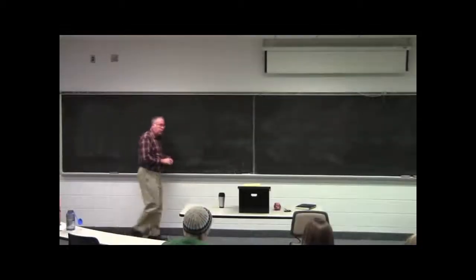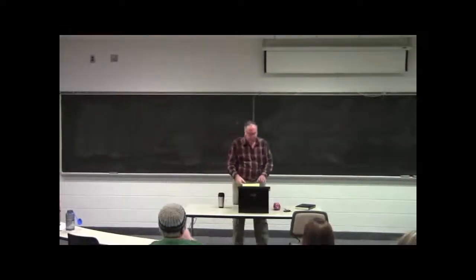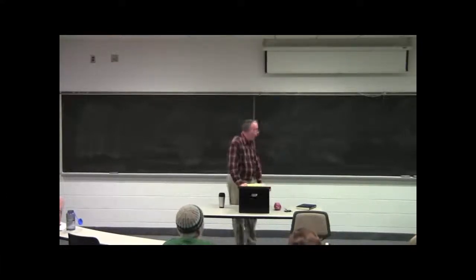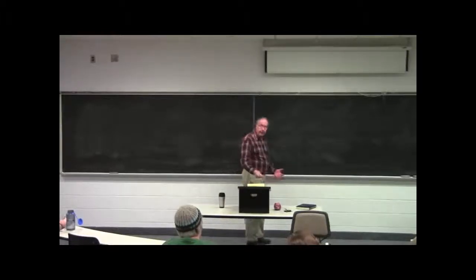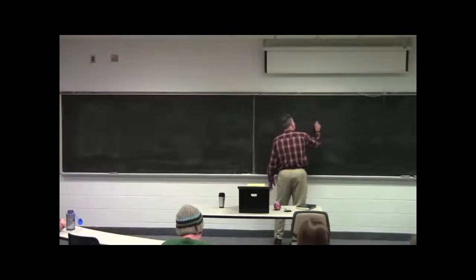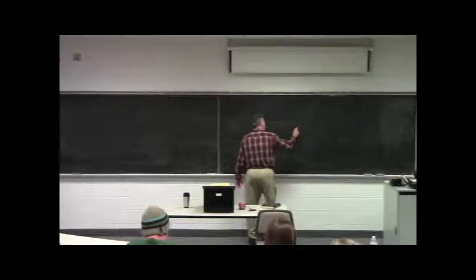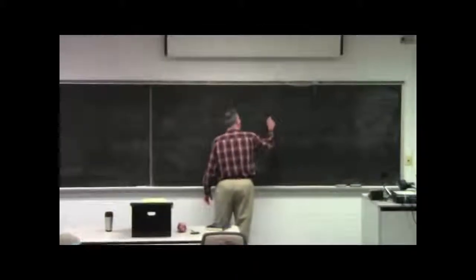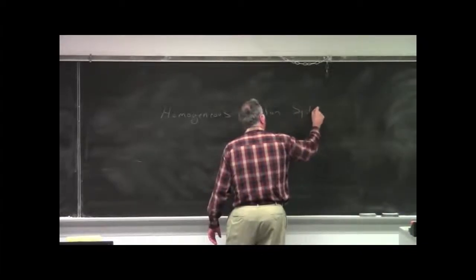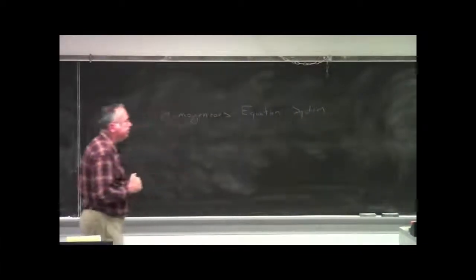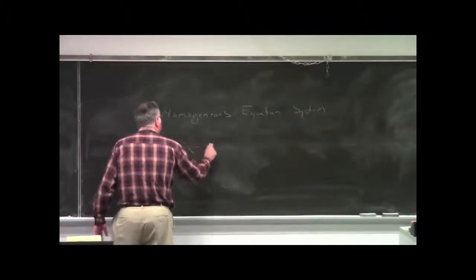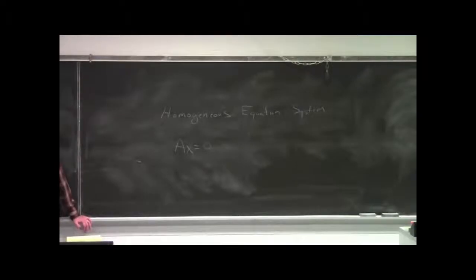The next thing I want to talk about is homogeneous equation systems. A homogeneous equation system fits into this form: AX equals 0, where that 0 is the null vector.